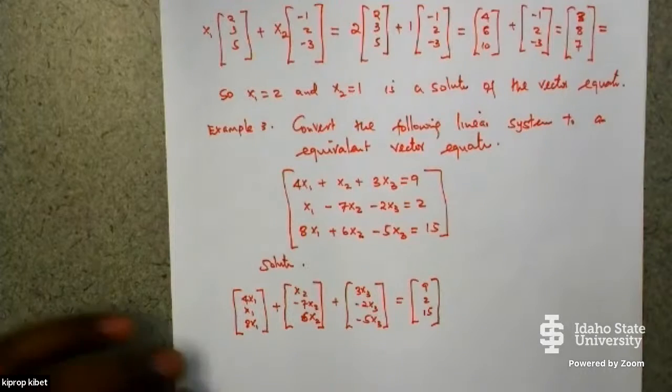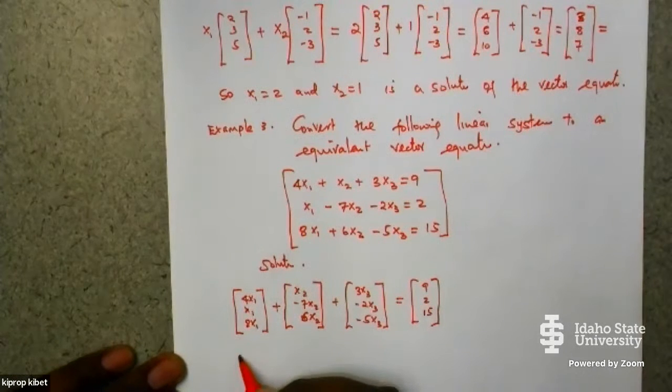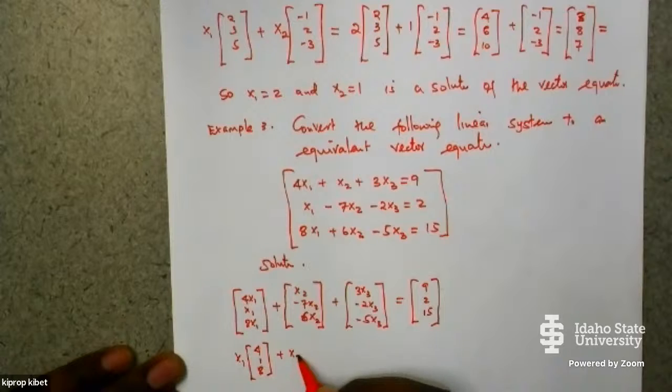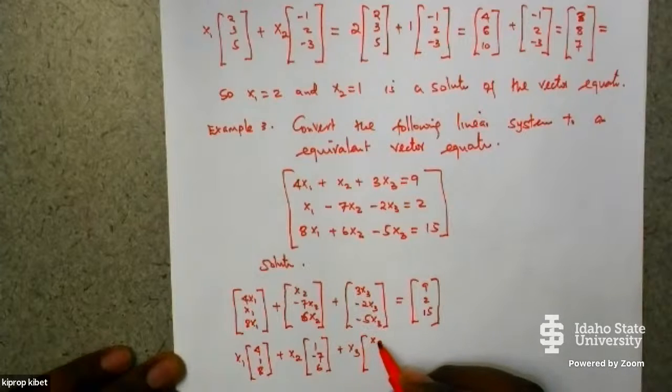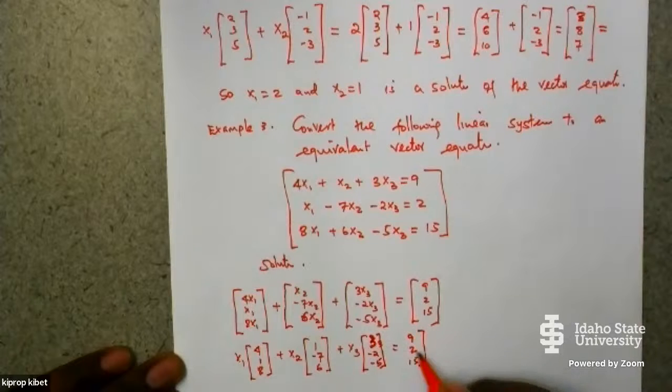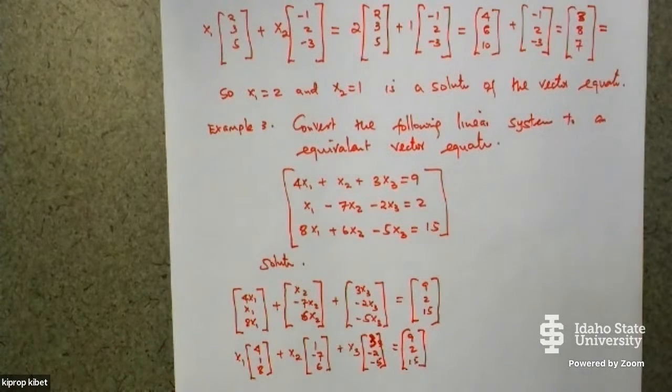So when you factor out the variable here, then it will be x1 multiplied by the vector 4, 1, 8, plus x2 multiplied by the vector 1, -7, and 6, and then plus x3 multiplied by the vector 3, -2, and -5, and then equals 9, 2, and 15.